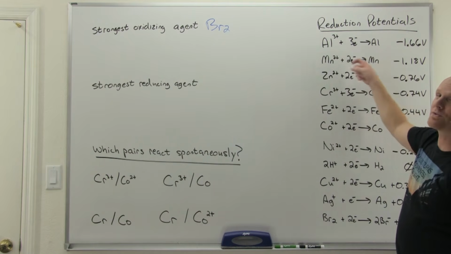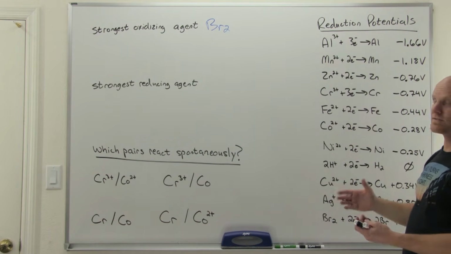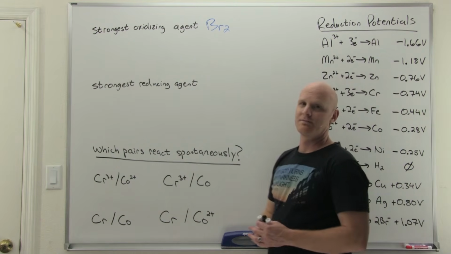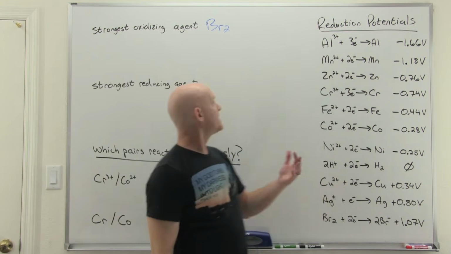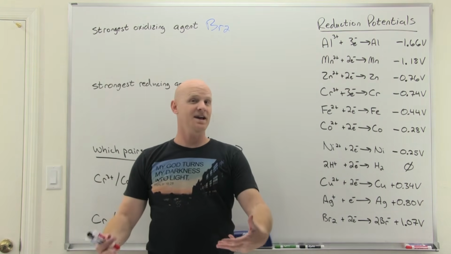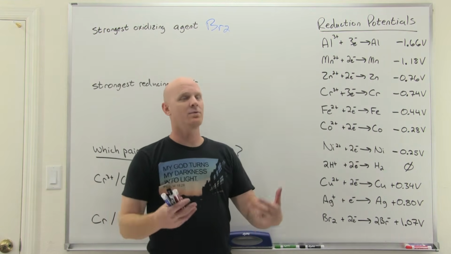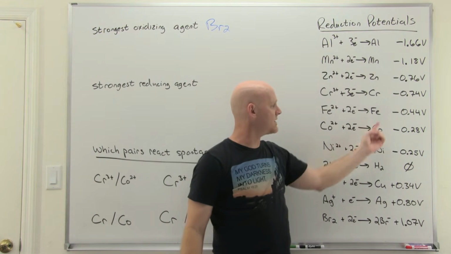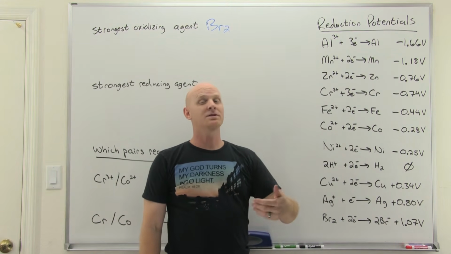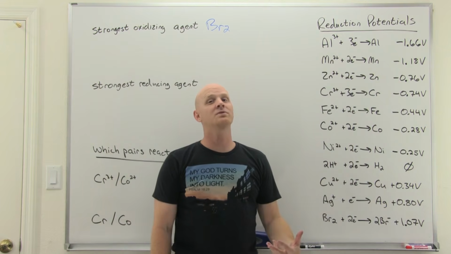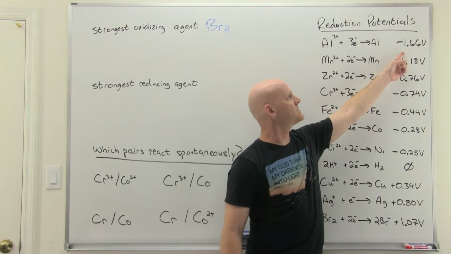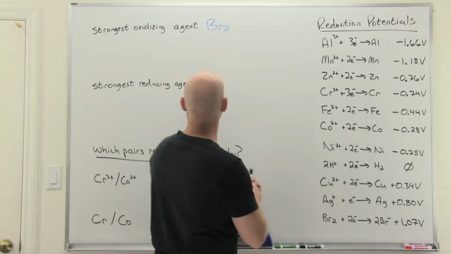But also, if I'm looking at all the reactions going backwards, that changes all the signs on everything we see. And so this gets tricky. If I want the strongest reducing agent, I want the species that is most spontaneously oxidized. And realizing that, again, it has to be one of these over here that are reactants in the reverse reactions, because those are what are getting oxidized. To be the most spontaneously oxidized means I want it to be the most positive after we've changed the signs. And on our list, that would be plain old aluminum here.